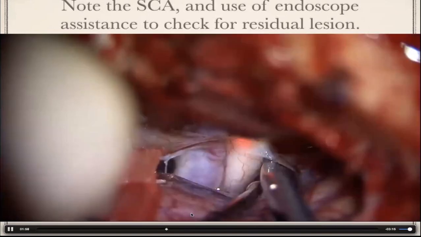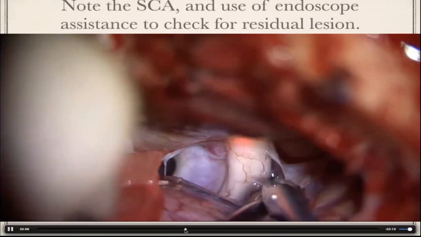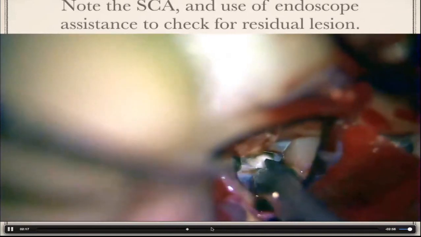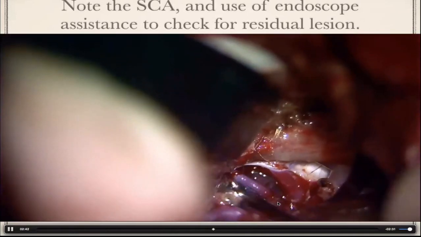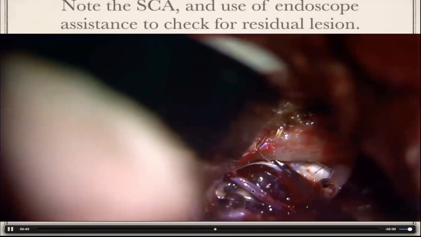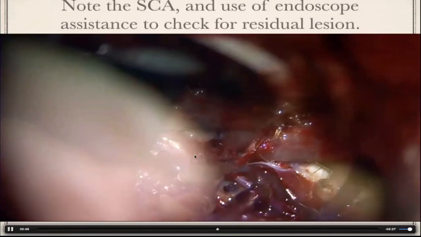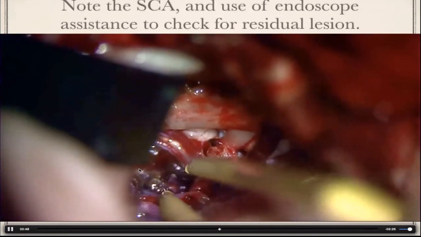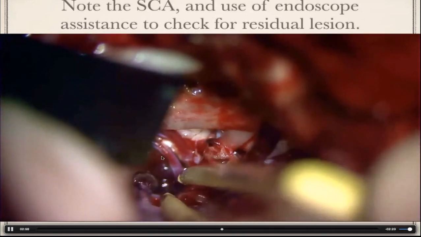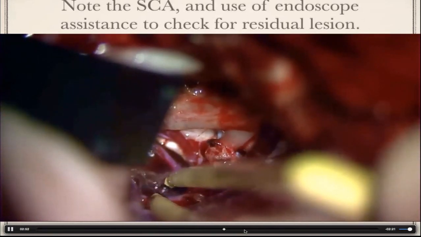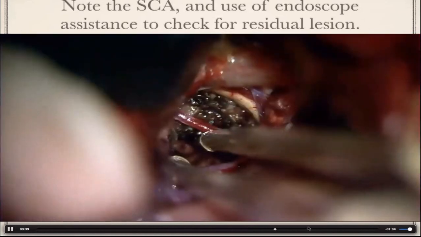And here is the view, transsylvian. I'm going to skip those portions. Look at SCA. SCA, third nerve is here. SCA is draped on the lesion, which, of course, is an easier lesion than others because it's reaching the surface. So we will remove it. I'm going to skip.